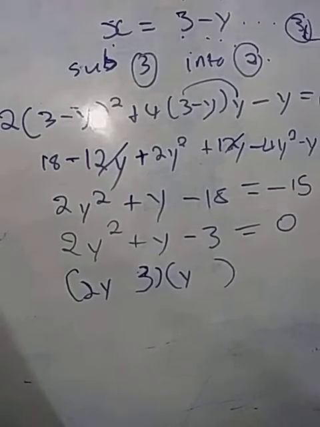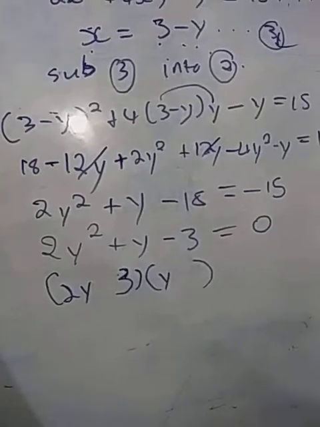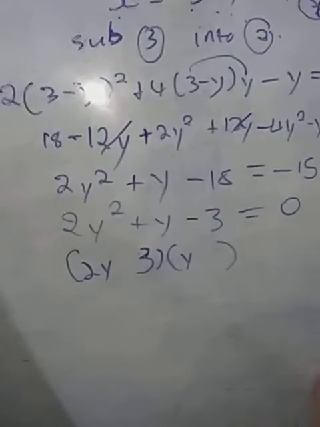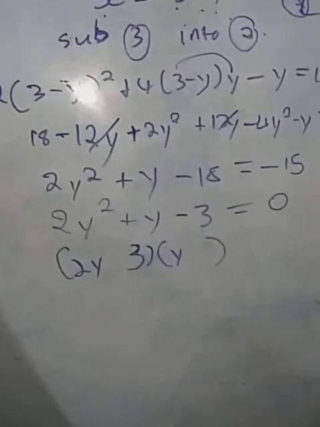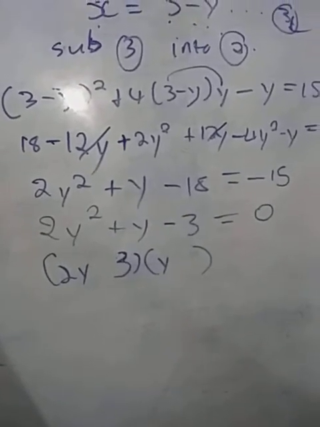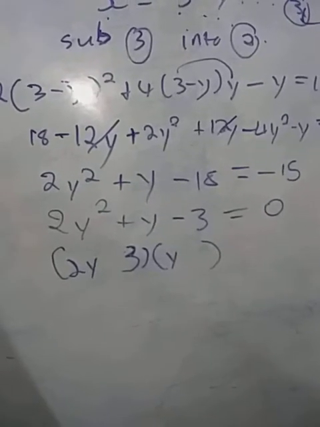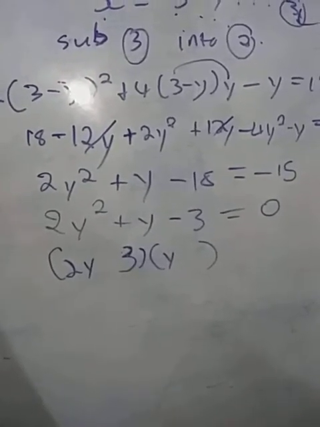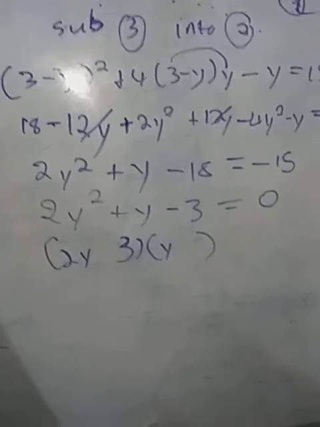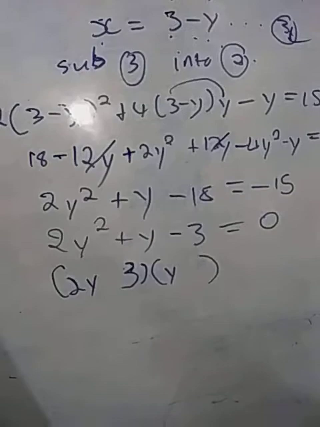Then you can think about the number which, when you multiply it by 3, is going to give you negative 3, and which is going to make sure that when you say 3y minus 2y, it's going to give you y.